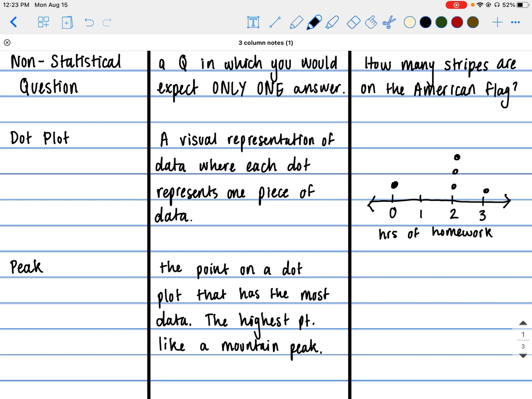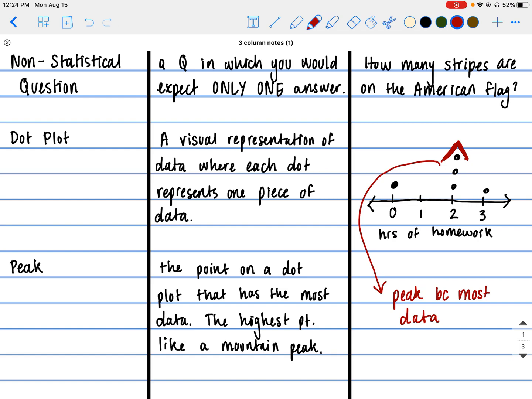So if I'm referencing this example specifically, right here, that is my peak because it has the most data. All right, so I'm abbreviating a little bit, BC for because. That's the peak because it has the most data. See how most people spent 2 hours doing homework on that.